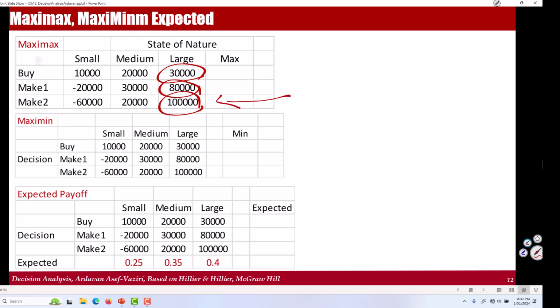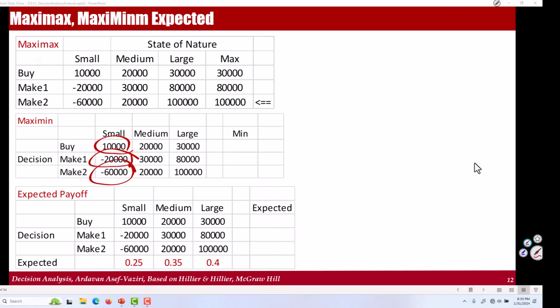So under the MaxiMax strategy, we will go for make 2. Now for MaxiMin, here the min is 10,000, here the min is negative 20,000, here the min is minus 60,000. Out of these three mins, this one is the max, so we go for that one.